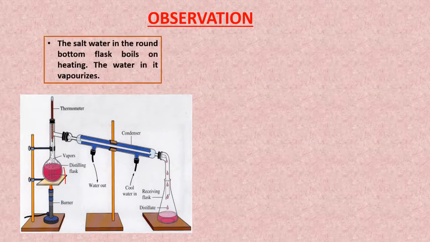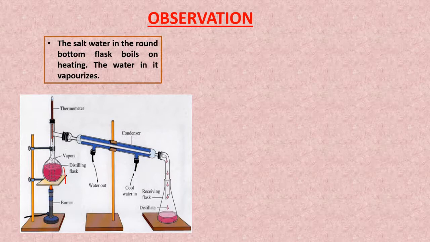So now the salt water in the round bottom flask boils on heating. So we are heating this round bottom flask. The salt water is getting heated, and after some time we can see the vapors rising above in the round bottom flask, and these vapors are water vapors.